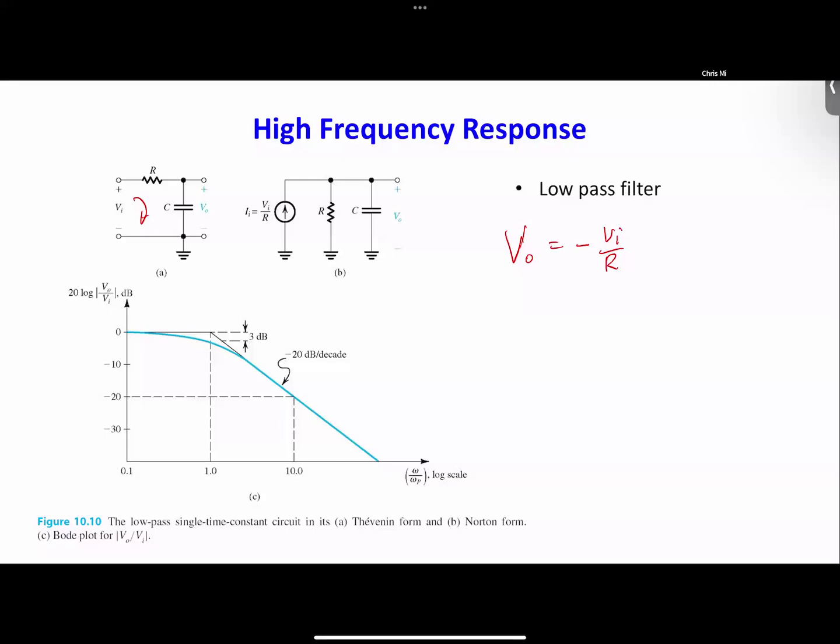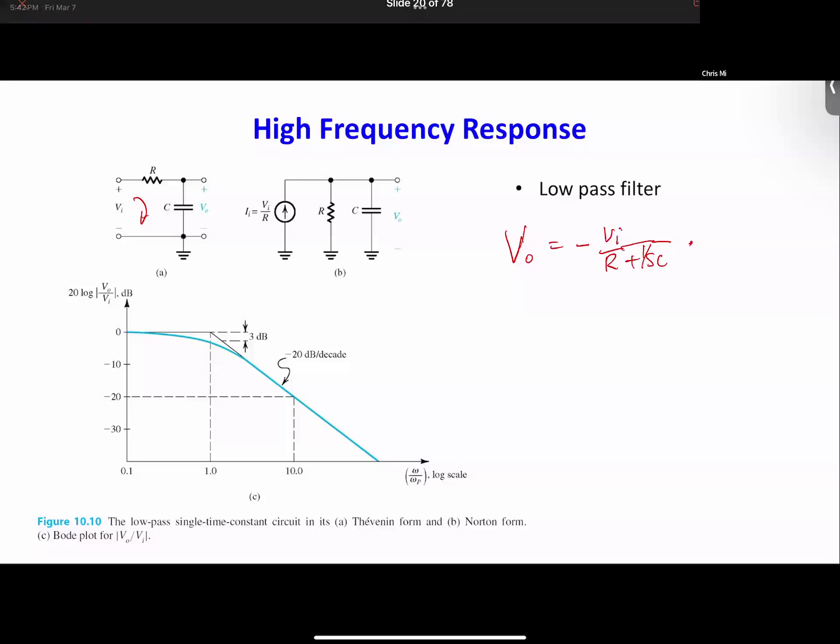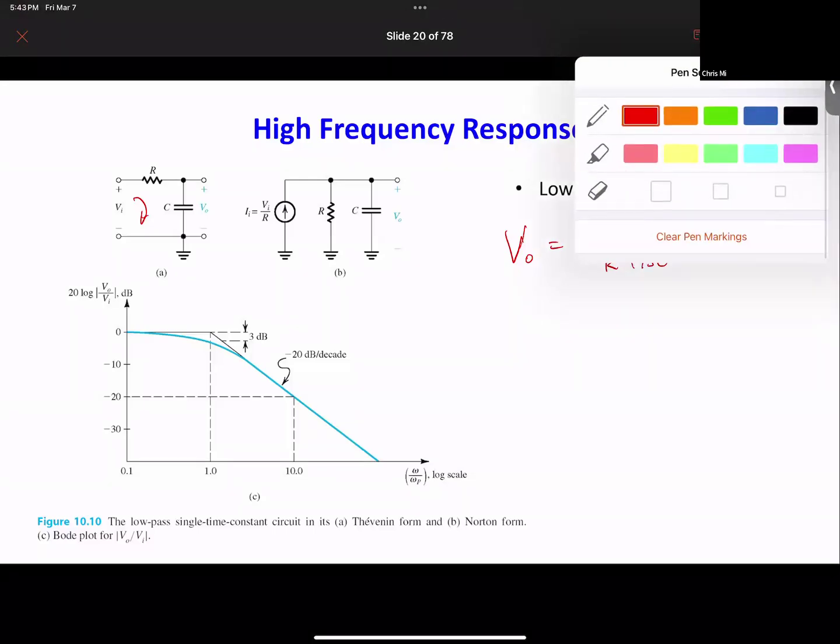VI over R plus S, 1 over S C. That's the input, then multiplied by R. Oh, okay, I see. I don't know where I got this equation. They've got R over here too, and then that's R. That's not right, we shouldn't do that. Let me actually not do this, just so as not to confuse you guys.